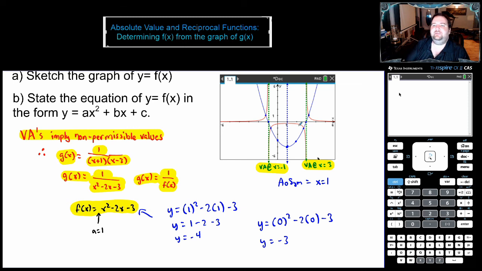Now let's see if this actually works out, doing some logic. If my a value was 1, then it would be a graph of this form, which means that from my vertex, my next point would be over 1 and up 1. Is it? Yes, it's over 1 and up 1. Okay.